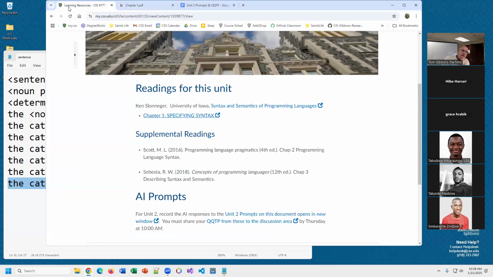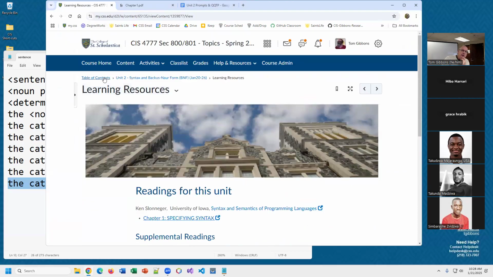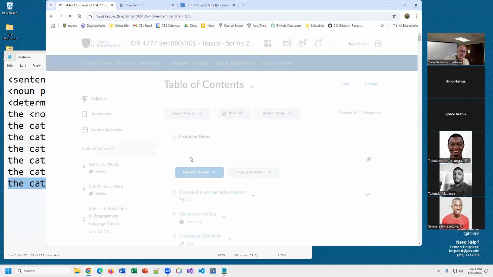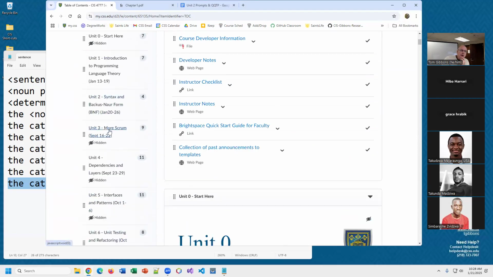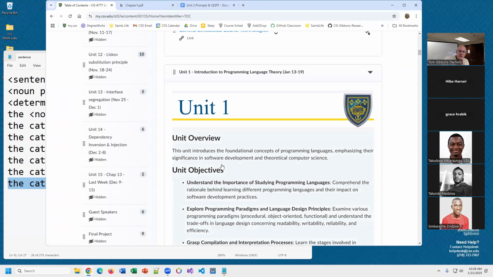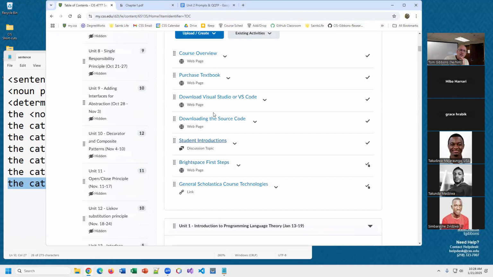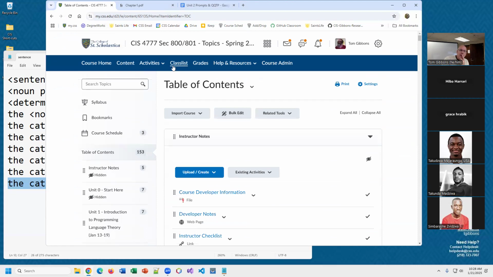In fact, if we look at Unit 3 here, I think I just titled it context-free grammars. Well, Unit 3 is context-free grammars here in my list for that.